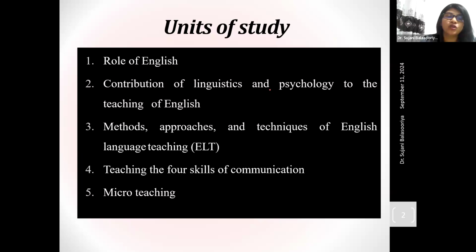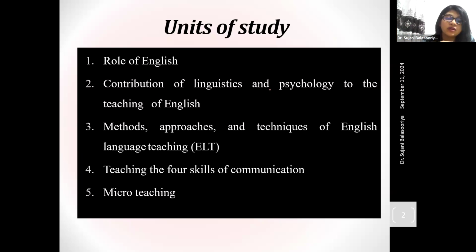In this particular module, we are going to talk about particular approaches, even like the grammar translation method, the audiolingual method, and so on, talking about the teaching aspect, right? Teaching the English language. And then in the fourth unit, we are going to talk about teaching the 4 skills of communication.